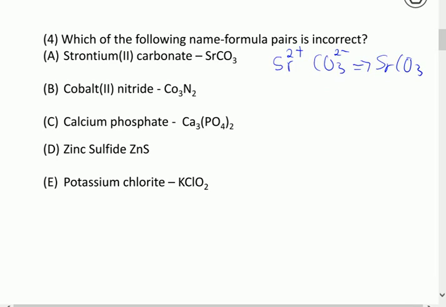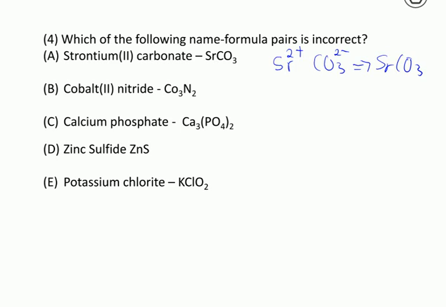Now, there's a problem with this name, though. Does anybody see it? It does not need to have parentheses, correct. No. So carbonic would be for the acid.